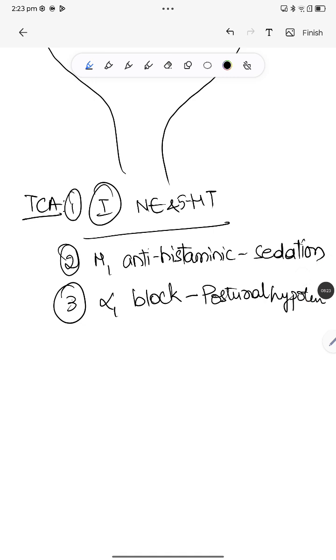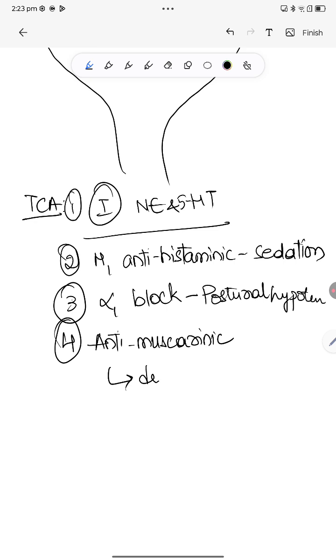They also have prominent anti-muscarinic action, because of which these drugs cause a lot of side effects like dry mouth and constipation.